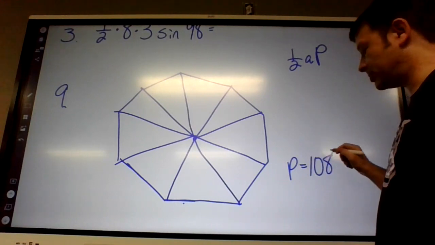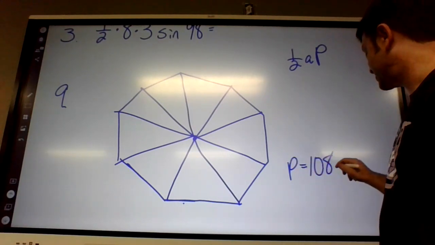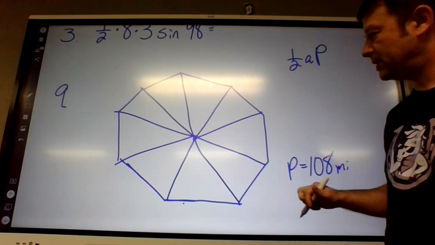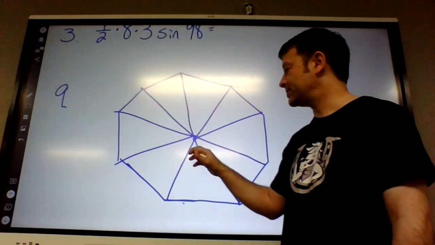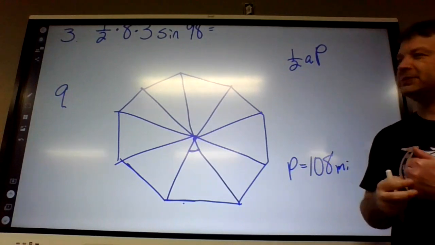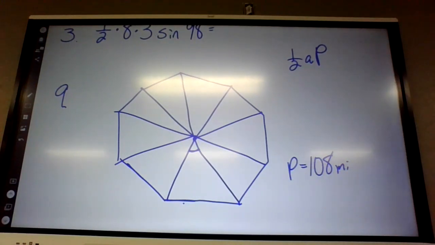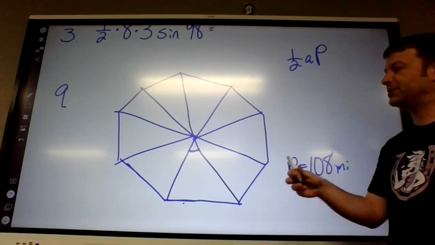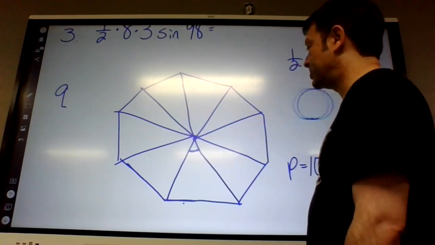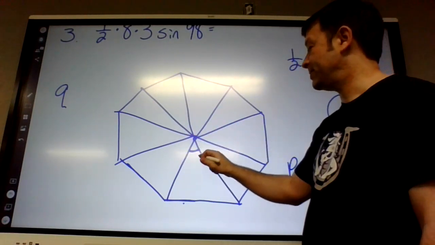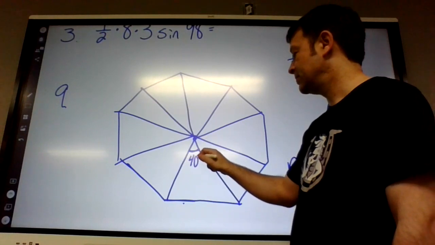Says the perimeter is 108 miles. How would I figure out what this angle right here is? Any ideas? 360 divided by 9, because there's 9 triangles, so there's a full circle right here, split into 9 triangles. So 360 divided by 9 is 40.